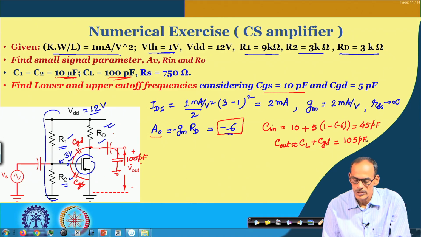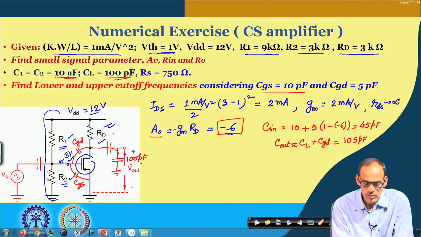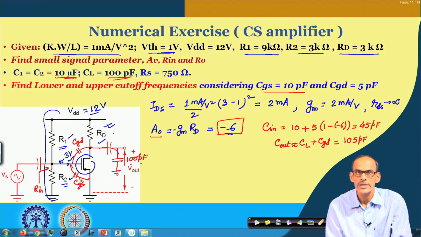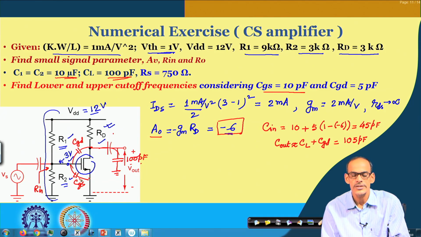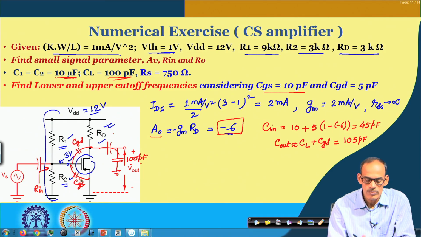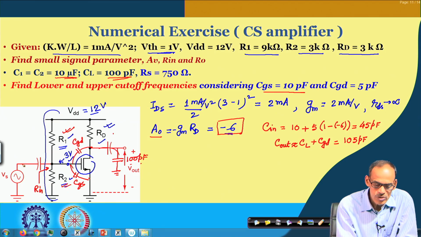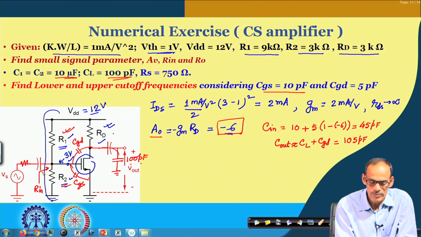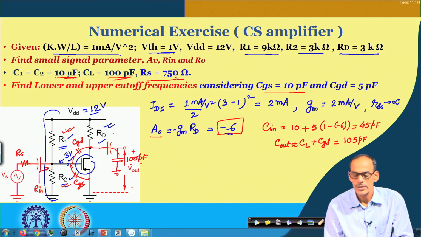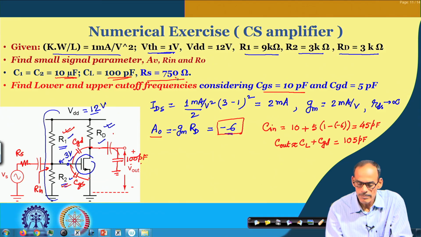Now, based on this information, of course, we need to know the input resistance R in. The gate to source resistance coming out of the device is very high, so the input resistance comes from the bias circuit only. We also consider the source resistance to get the effect of C in, and the source resistance given here is 750.